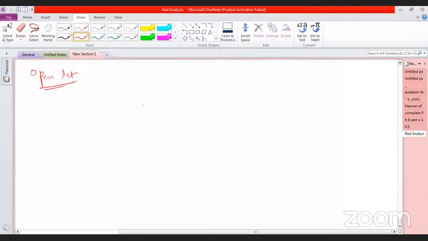Let X be a metric space and G a subset of X. For every x belonging to G, we can find r greater than 0 such that S_r(x), the open sphere, is a subset of G. We say that G is an open subset of X, and S_r(x) subset of G means G is open. The condition is r greater than 0. Then it is called simply an open set.